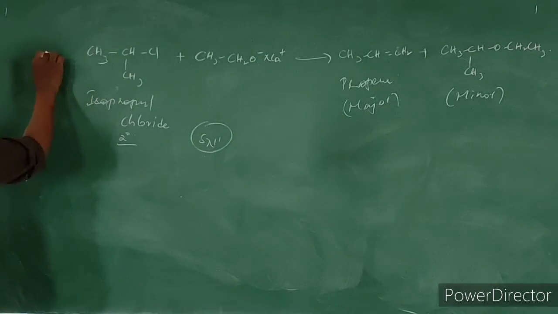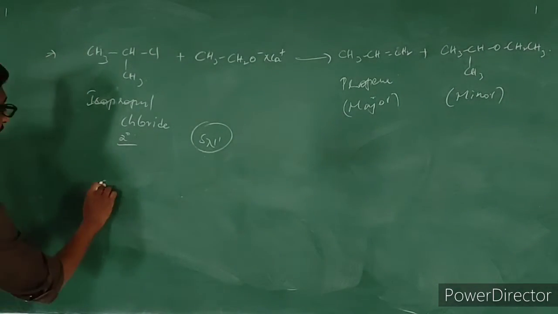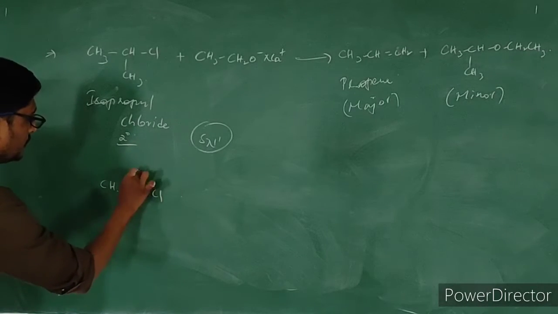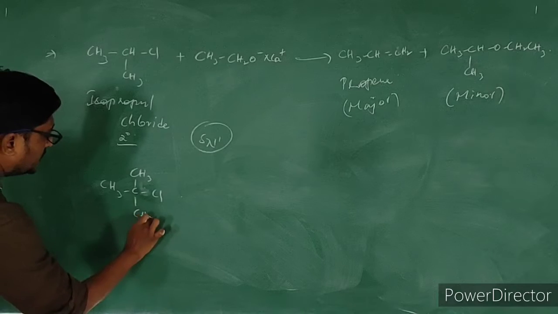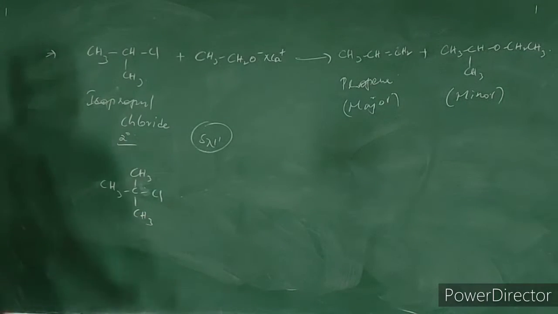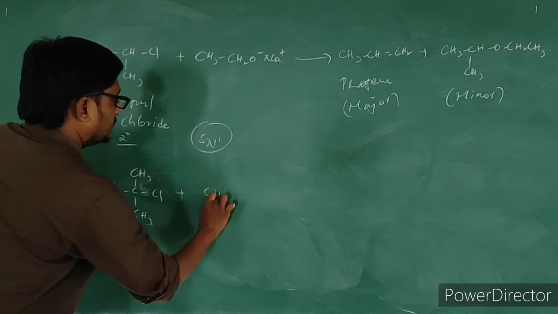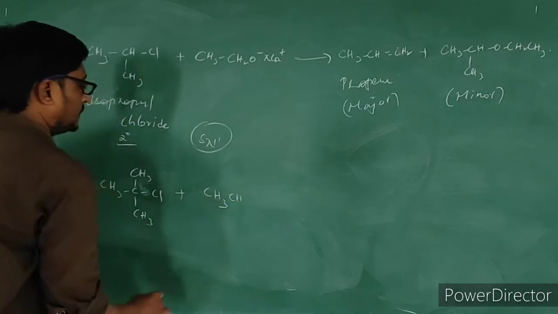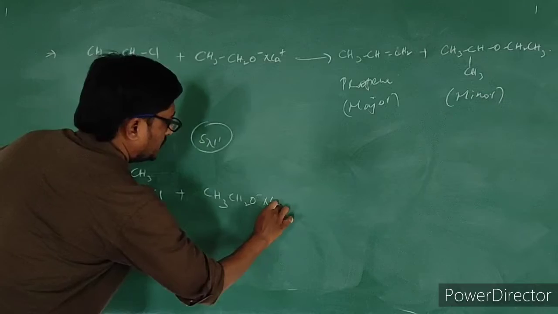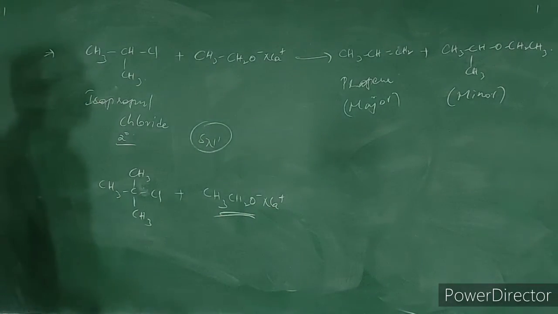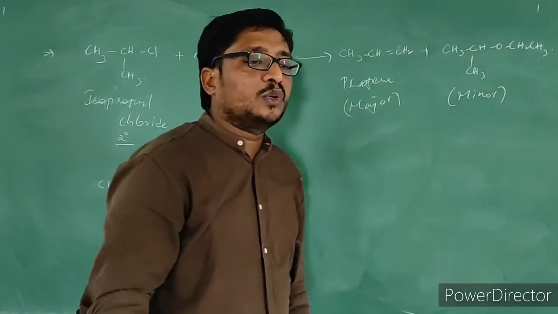Okay. So let us consider the tertiary alkyl halide. This is nothing but tertiary alkyl halide. This reacts with sodium alkoxide. This is nothing but sodium alkoxide. See, this alkoxide, we know that it acts as a good base also.